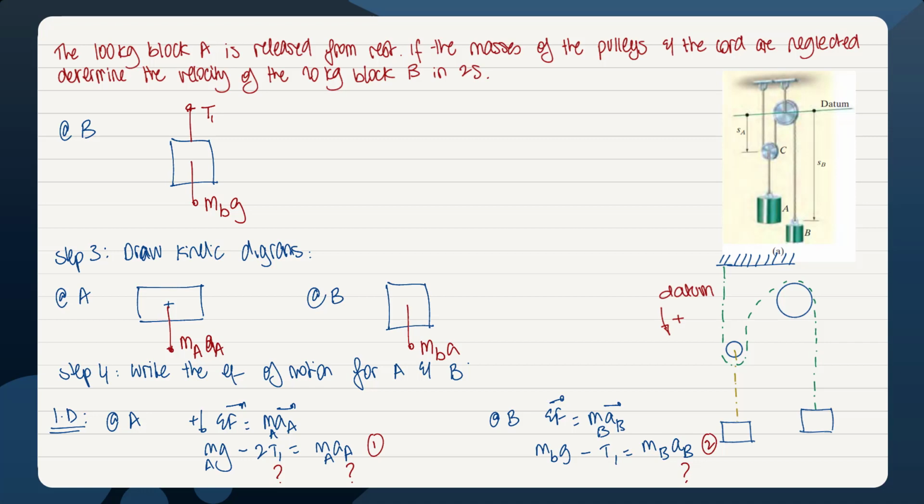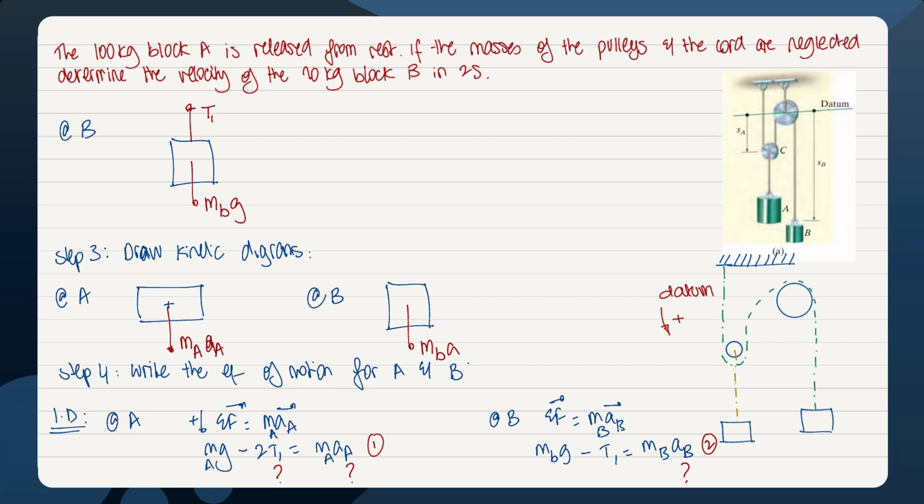Remember, in the plan we have set up in step 1, we know that we need to find the acceleration in order to find the velocity. So let us look now at the two equations and look at the number of unknowns we have. So from the first equation, T1 is an unknown and aA is an unknown. Regarding equation 2, we have aB, which is an unknown, and T1, which is already an unknown.